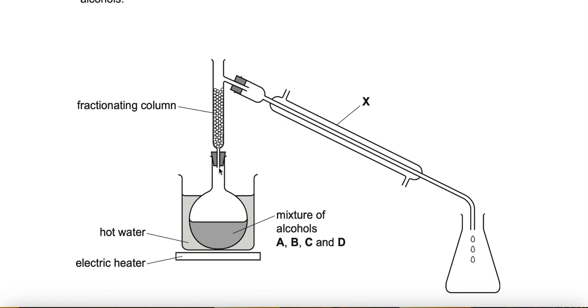We have to include the stopper, and also include the thermometer if need be. So the part of the fractionating column that is missing is a stopper.